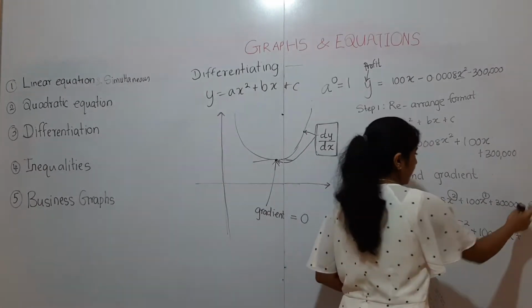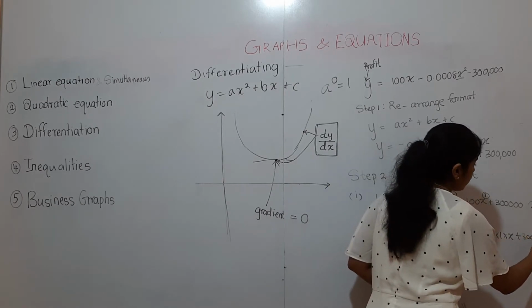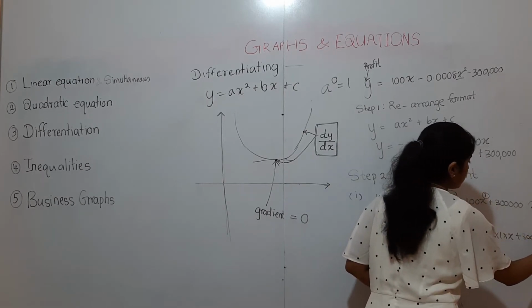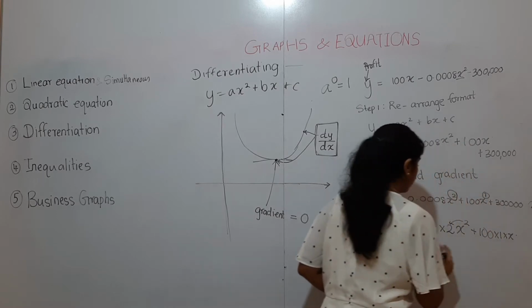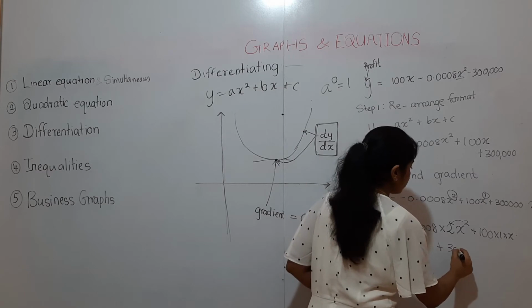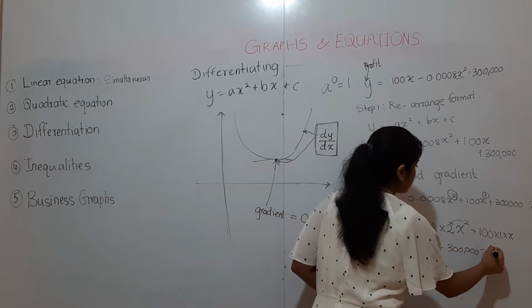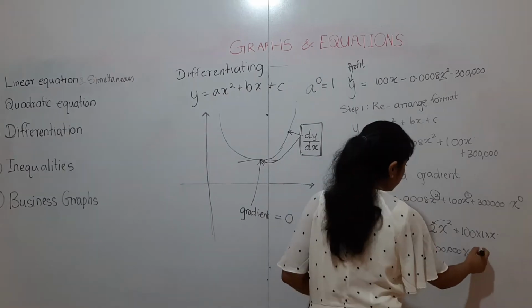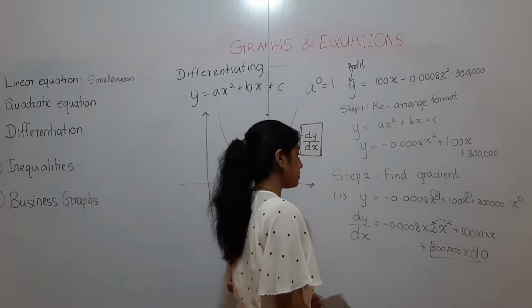If it is the case, then we should multiply 300,000 by 0, which naturally makes this answer 0.